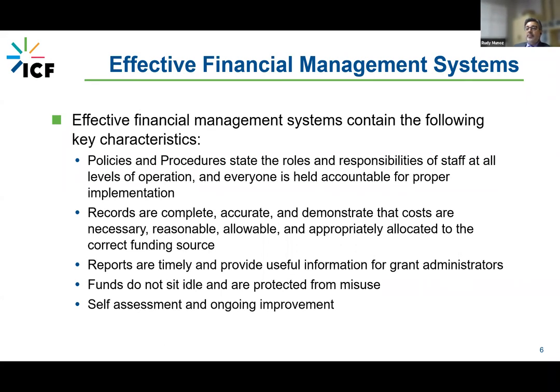Additional key characteristics include, but are not necessarily limited to, that the program records are complete, that the records are accurate, and that they demonstrate costs that are necessary, reasonable, allowable, and allocable. We always hear those four requirements when we talk about financial management, and I'll repeat them again: necessary, reasonable, allowable, and allocable.